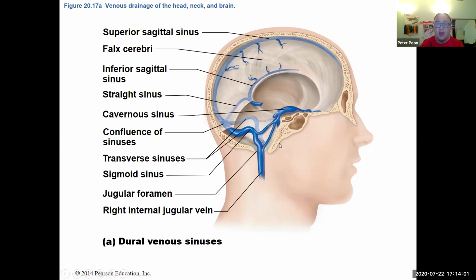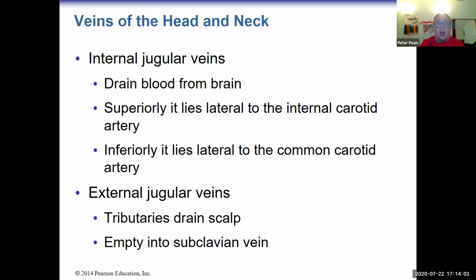All right. The veins in the neck, you do have to know. There's two big ones, right? The internal jugulars and the external jugulars. The internal jugulars drain the blood from the brain. The external jugulars drain the blood from the scalp.